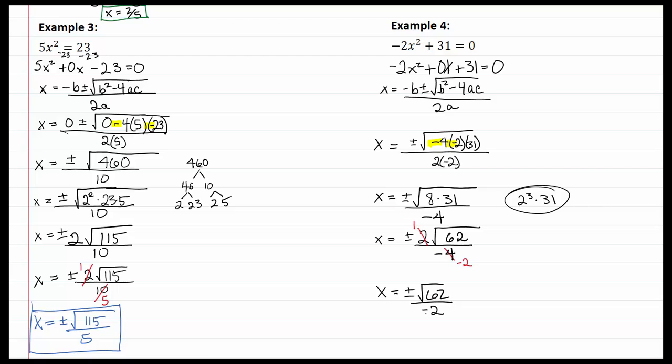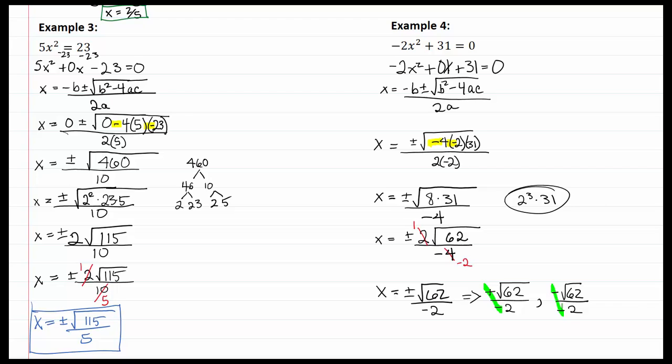Now let's talk about that negative sign here. That negative is not really going to change anything, but let's see what happens. If I've got a root 62 over negative 2, and then the other one is negative root 62 over negative 2, this one's going to be a positive divided by a negative.